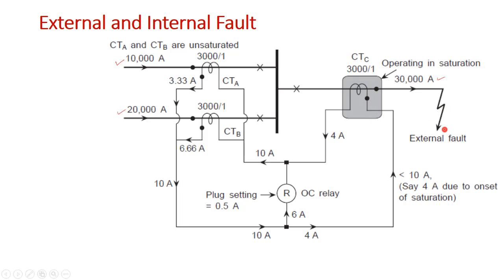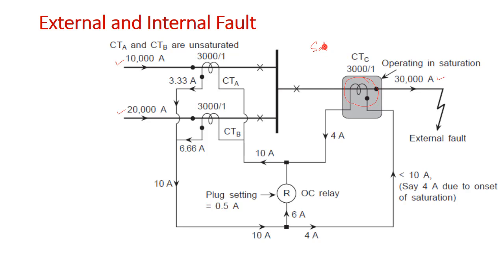Now suppose the external fault is happening here. For the external fault, because this is a single feeder, the total current will be 30,000. So the highest current is passing through this CT, right, and 10,000 and 20,000 are passing through these, though these CTs are of the same rating, right. This CT becomes overburdened, and because of that the CT core becomes saturated.